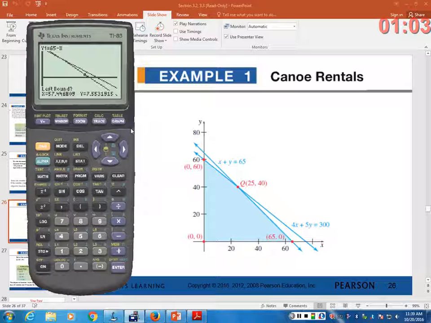And since that one, the first one, is the one that I want, I'm going to hit enter, then get below the x-axis, hit enter again, and it tells me that this point is (65, 0). And then the last point that I want is the intersection. And that gives me the point (25, 40). So you can use your calculator to help you find all these.